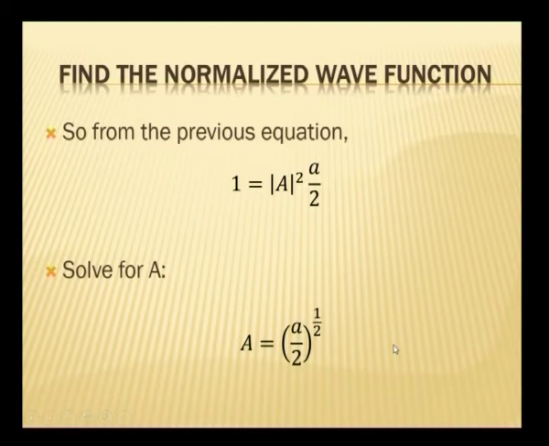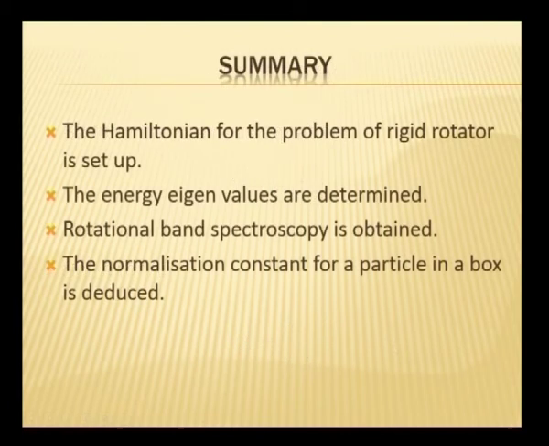We will now pass on to the summary of the present lecture. The summary goes as follows. The Hamiltonian for the problem of a rigid rotator is set up. The energy eigenvalues are determined, rotational band spectroscopy is obtained, and the normalization constant for a particle in a box is deduced.